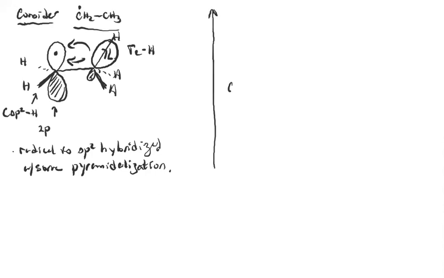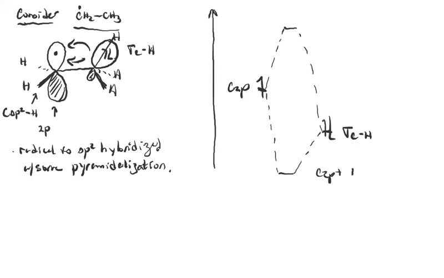So here's C 2p. Sigma C-H is going to be lower in energy because it's a bonding orbital. This has 1 electron, this has 2. And then we're going to let them mix, just addition and subtraction: C 2p plus sigma C-H, C 2p minus sigma C-H.